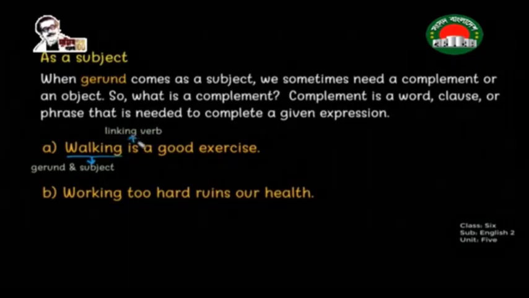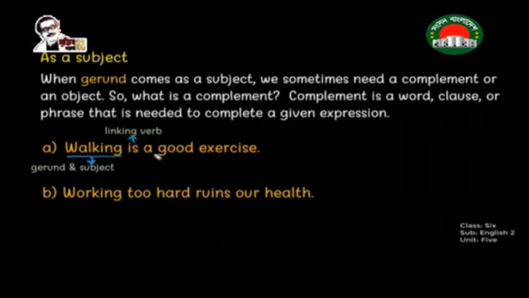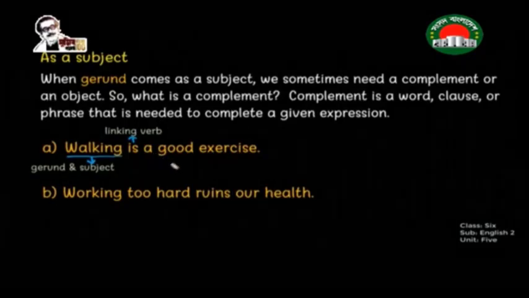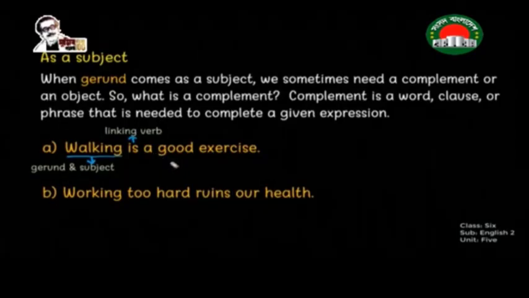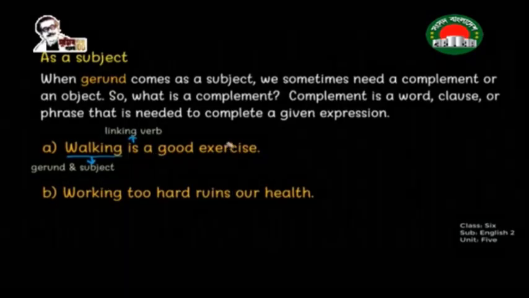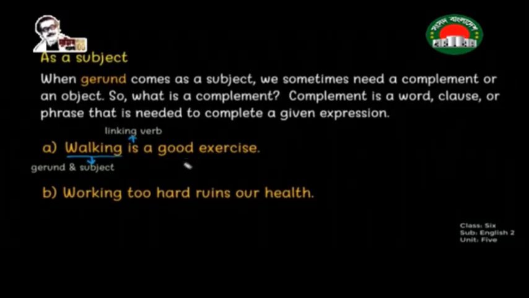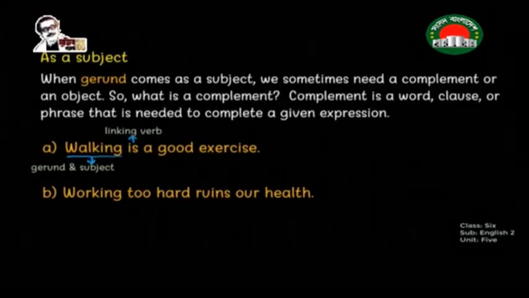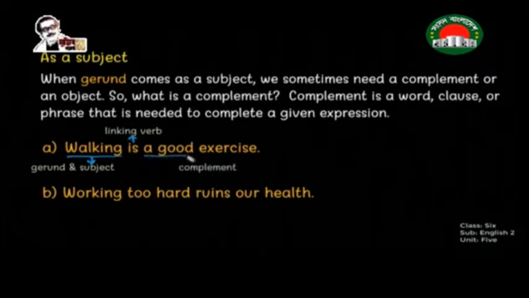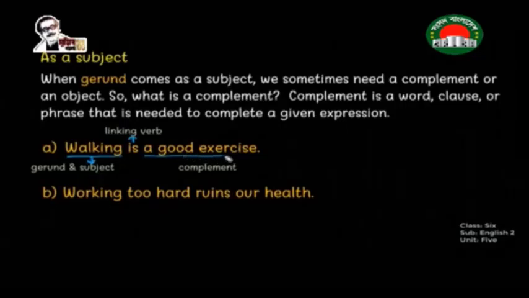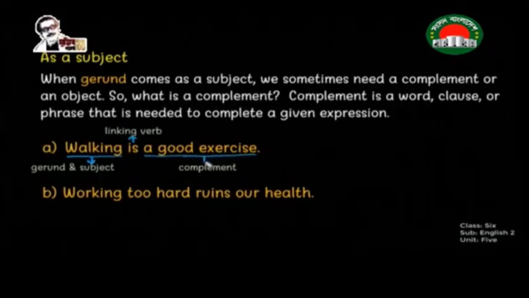So what is linking verb? Linking verb doesn't have any meaning, but it links or connects the subject and the other parts. So what are the other parts? The other part is complement. So we can say a good exercise is a complement.